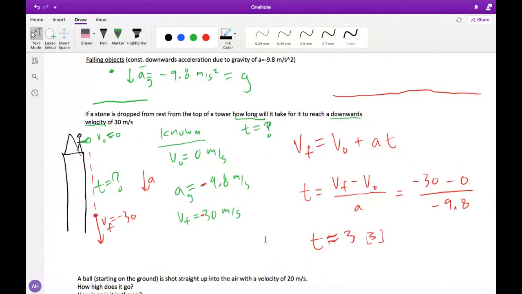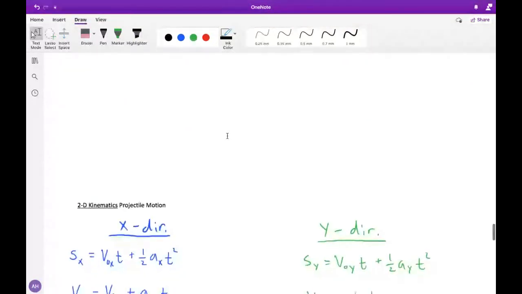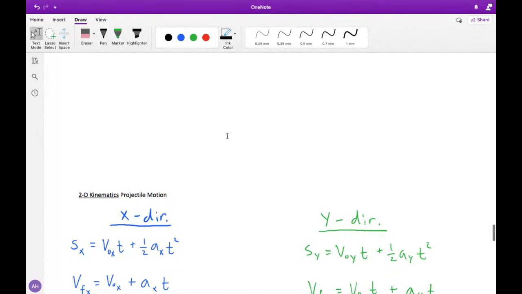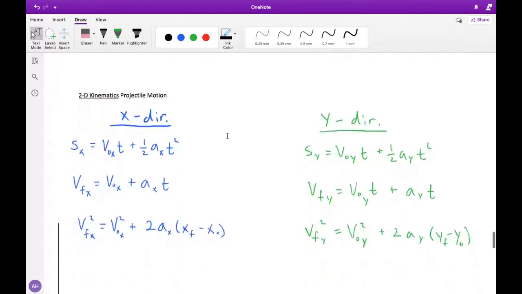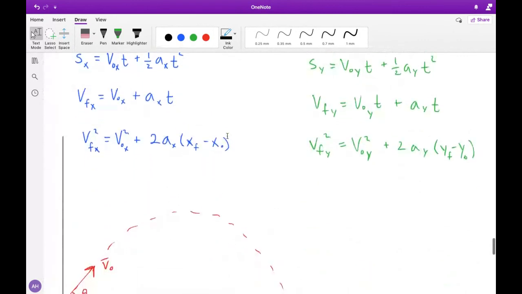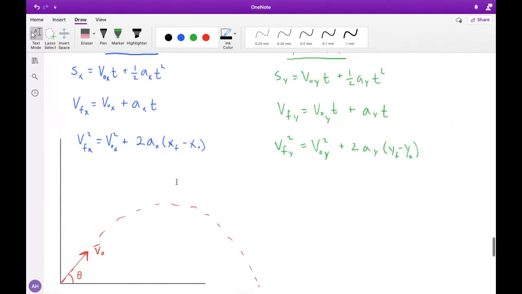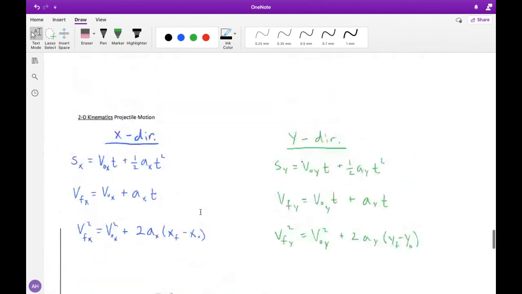Okay, with the last couple of minutes that I have, let me see if I can quickly describe projectile motion, which is a tedious topic to understand, but I'm just going to go over it quickly so that you've seen it before you get into class.